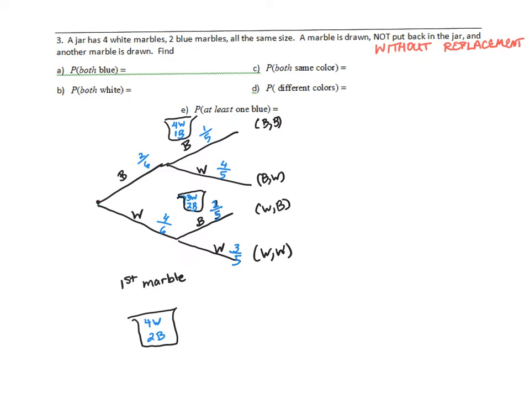Now, in this experiment, without replacement, they are not 2 independent outcomes, right? Because the probabilities of the second marble depended on what was drawn the first time. However, if we look at this as separate experiments, suppose I have this jar, then the probability of drawing a blue and a white would be 2/6, 4/6. And if I had this jar, the probability of picking a blue and a white would be 1/5, 4/5.